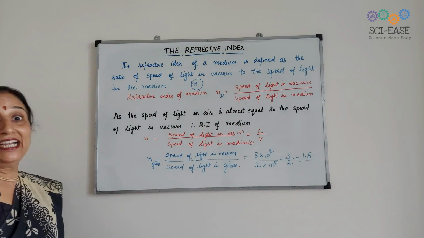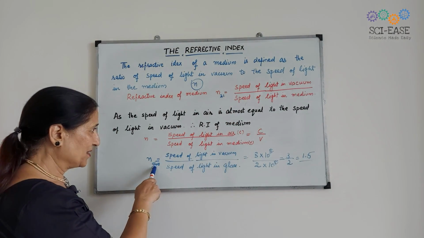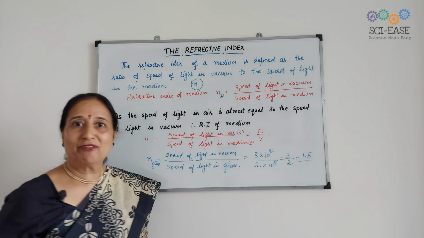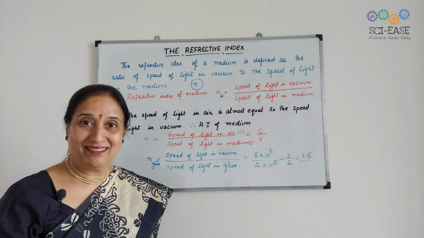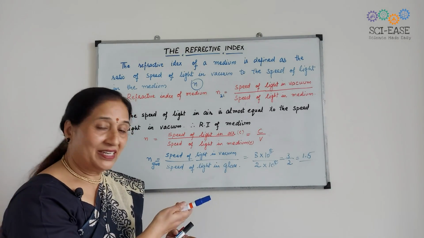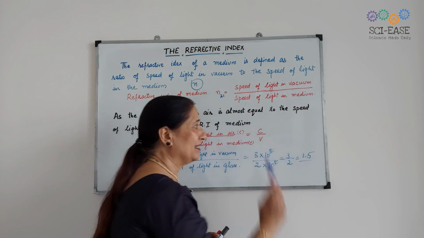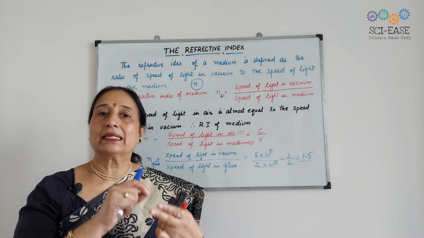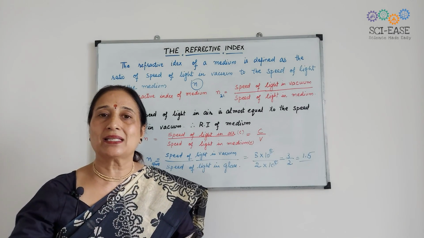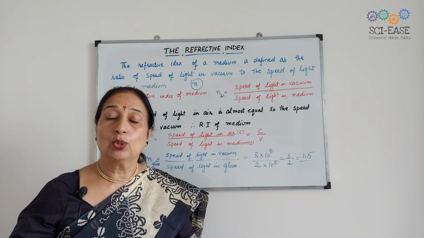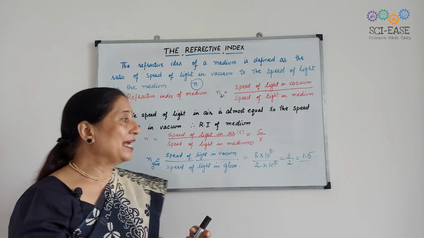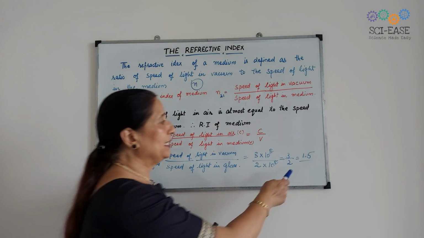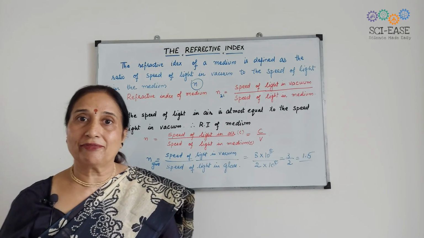So the refractive index of glass with respect to vacuum or air is equal to 1.5. You can see the table also, there it's written that it is 1.5. So whenever the question is to calculate the refractive index of a substance with respect to air or vacuum, this expression is used, and you can easily calculate the refractive index.